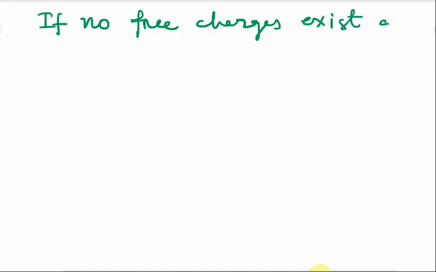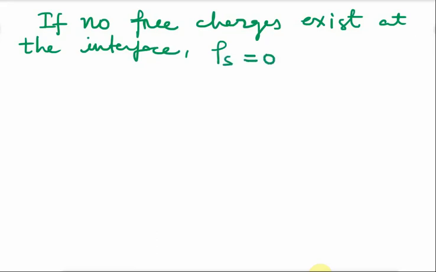We have seen the equation D1n minus D2n equals rho s.